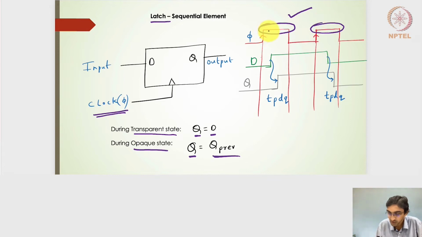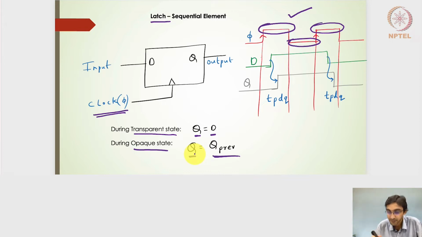Only during this high level of the clock is the latch in a transparent state, which means the output will follow whatever changes happen on the input side. During the negative clock phase, it will be in the opaque state.